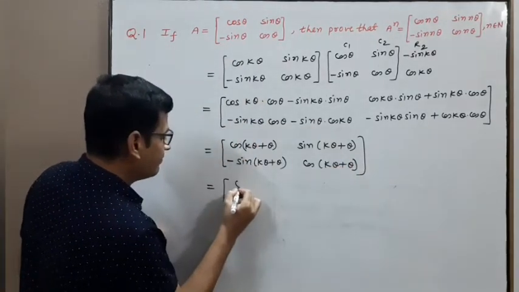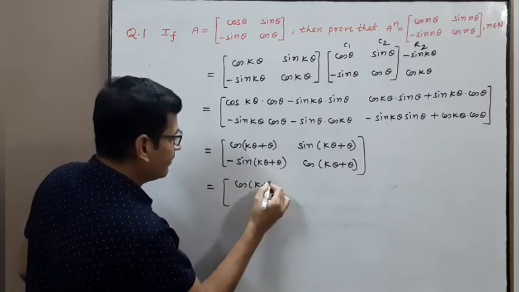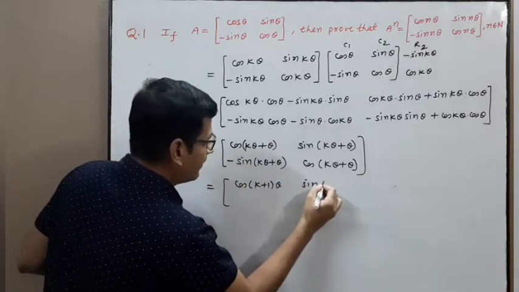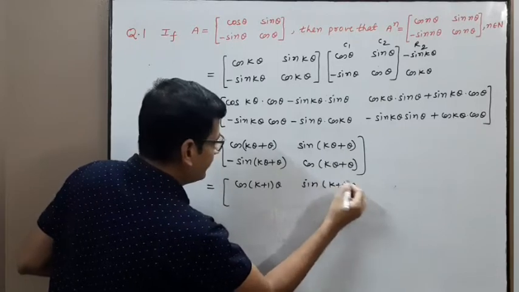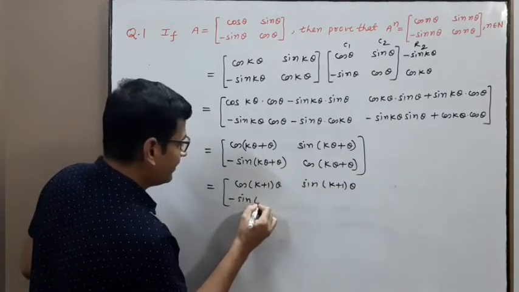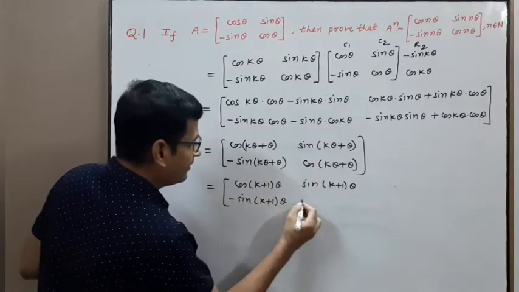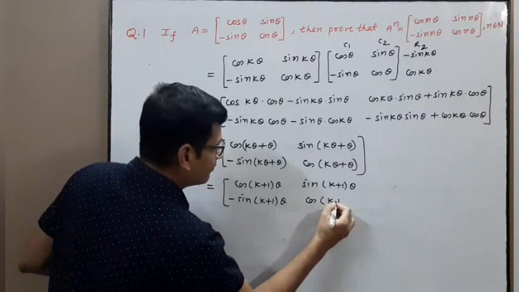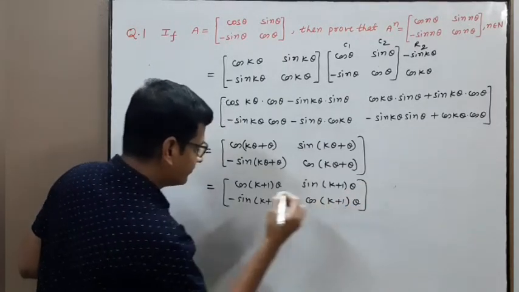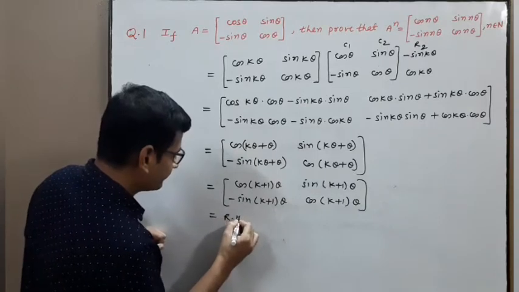Theta common in each term. So cos k plus 1 into theta, sin k plus 1 into theta, minus sin k plus 1 into theta, cos k plus 1 into theta, which is equal to right hand side.